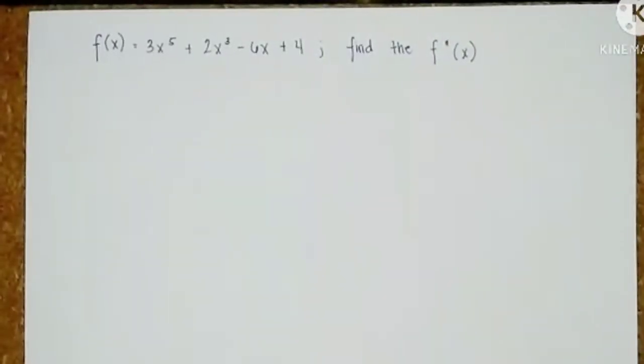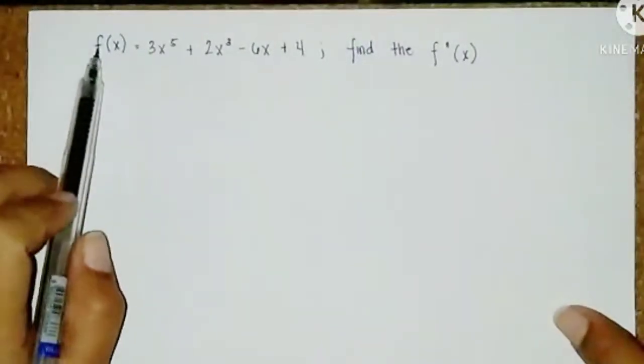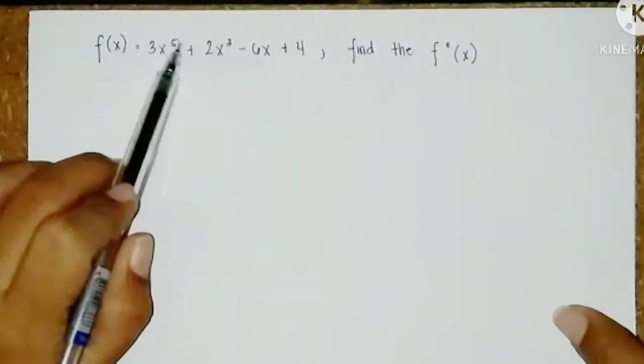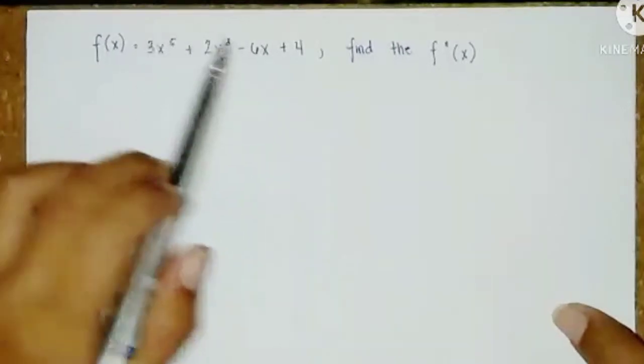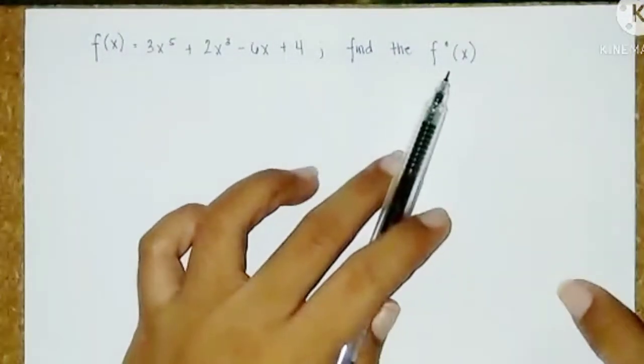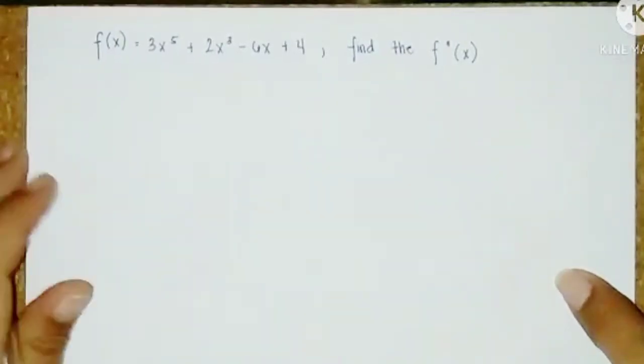So in this video, we will focus on getting the higher derivatives of this given function. So let us have f of x equals 3x raised to 5 plus 2x cubed minus 6x plus 4. And let us find the second derivative of this given function.